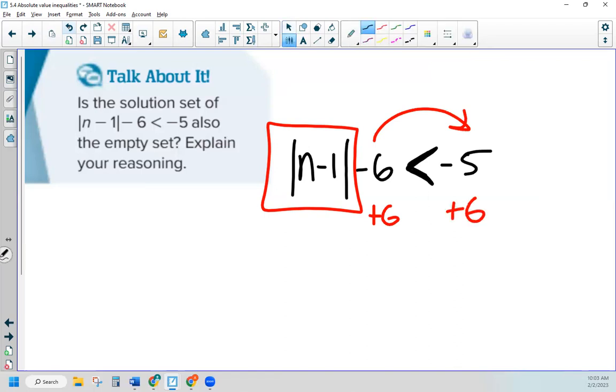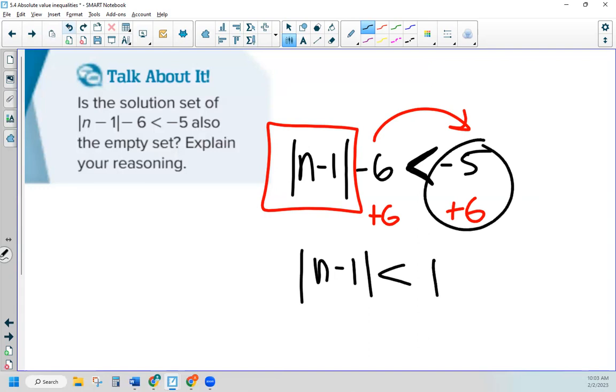What happens is that this absolute value of n minus 1, keep the same symbol, we now get a 1. And look what happens. There is no longer a negative value on the right side. So the answer is, no, it's not an empty set. We do have solutions that will make this inequality true. Now, we're not going to solve it.